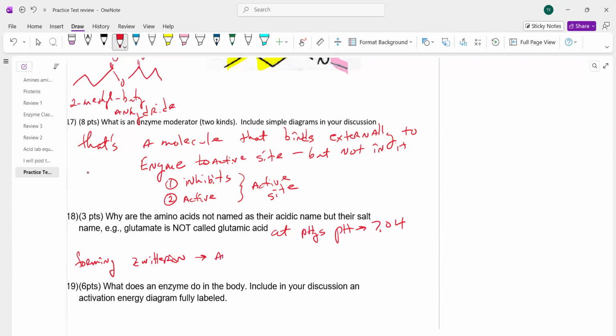So it has the amino N protonated, positive charge, acidic end, negative charge.